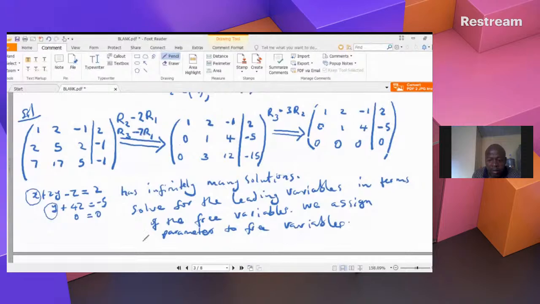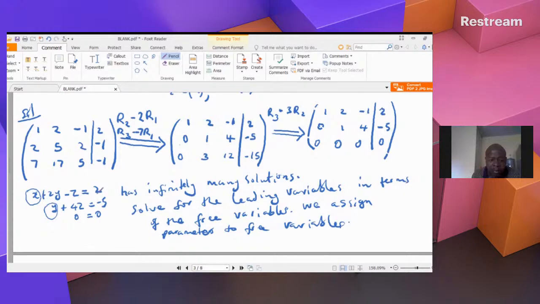For example, I can say let z, which is a free variable, be 1. If z is 1, I can get the corresponding value for y and the corresponding value for x. I can also say let z be 3, and then I can get the corresponding values of y and x.